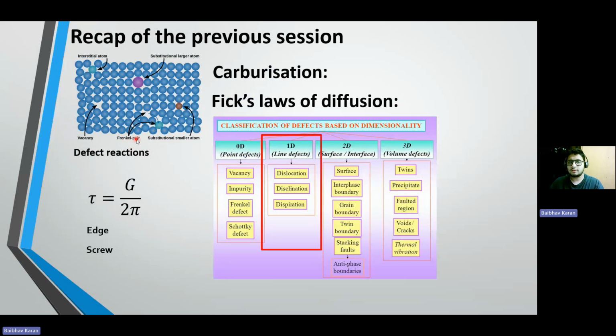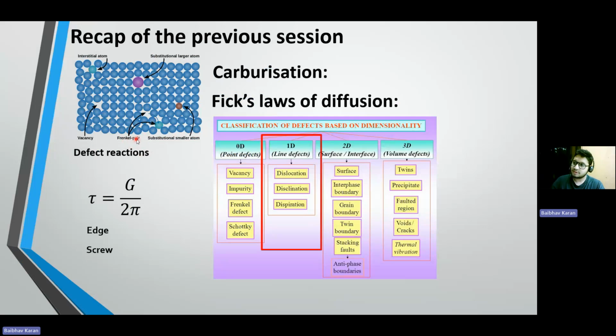We studied the difference between dislocation and disclination. As you remember, from the Volterra model, we got an idea of what dislocation is. We take a hollow cylinder, and the translation is known as dislocation. If the hollow cylinder is opened in an angular manner, this is known as disclination.